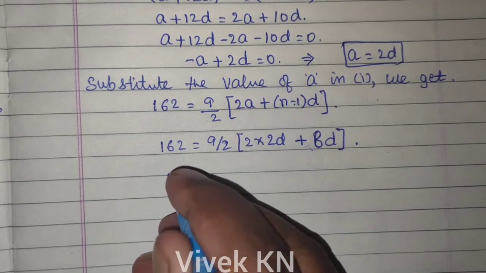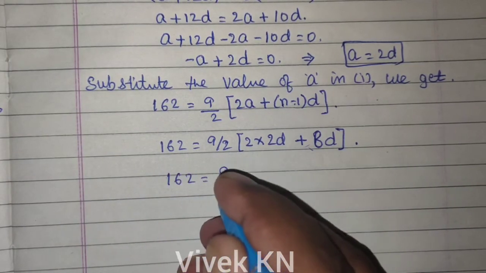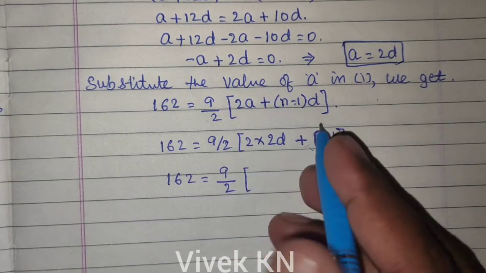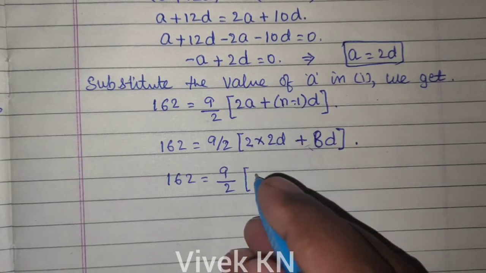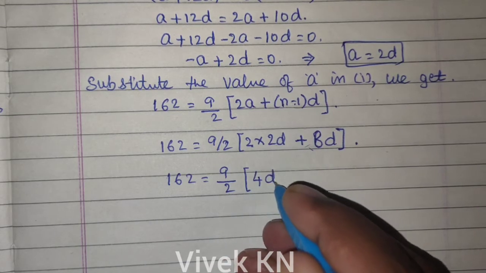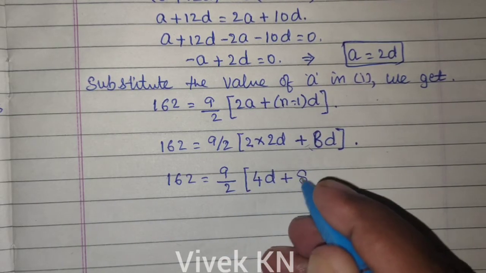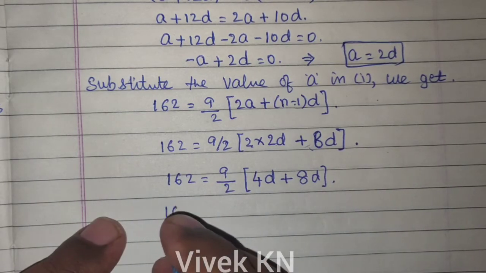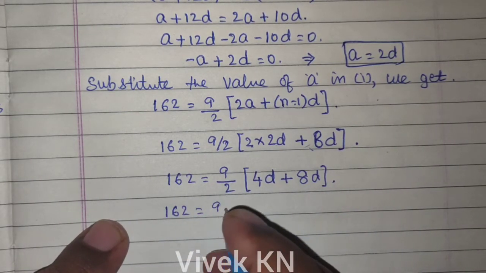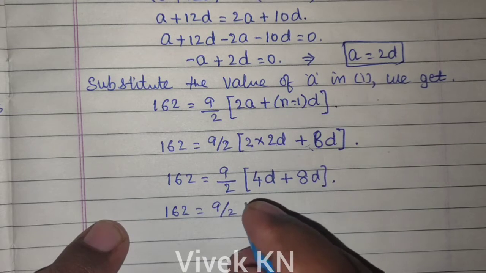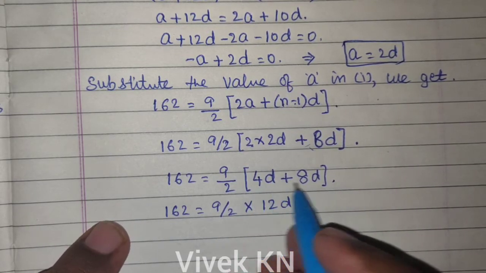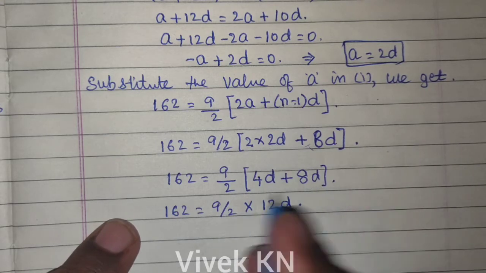It is 162 is equal to 9 by 2 into 2 into 2d is 4d plus 8d. 162 is equal to 9 by 2 into 12d. Adding 8d and 4d we get 12d.